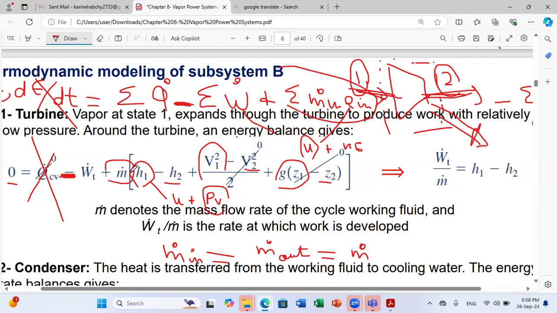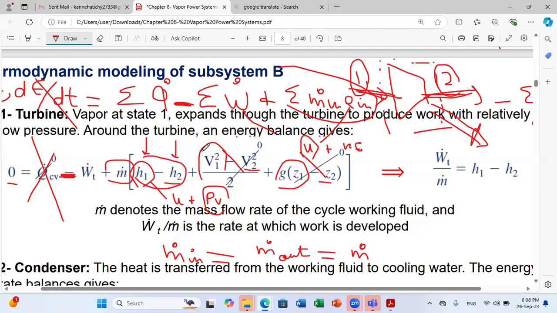And this term, H1 minus H2, is the difference in enthalpy between the inlet and the outlet. We will learn how to use thermodynamic tables to get H1 and H2. In general, if they say to neglect the variation in kinetic and potential energy in any of the components, we can cancel out these two terms because they are really small compared to the variation of enthalpy.